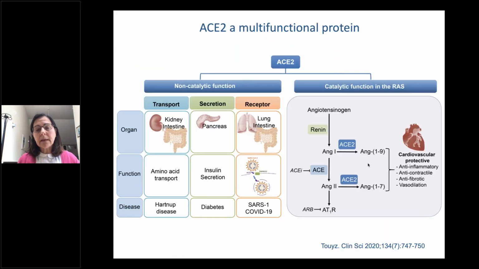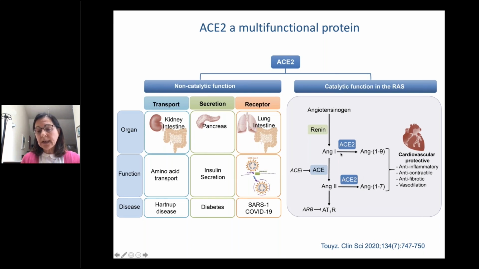The remarkable thing about ACE2, and something we have appreciated over the past 20 years, is that it is a multifunctional protein. What do we mean by this? ACE2, by definition, and through its original discovery, was found to be an enzyme, very important in the conversion or the cleavage of angiotensin 2 to angiotensin 1 to 7.